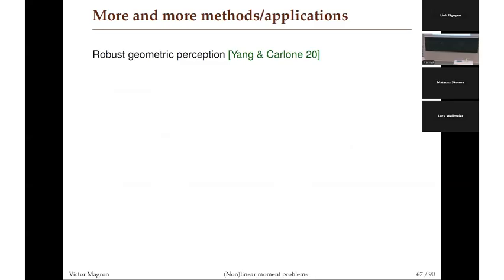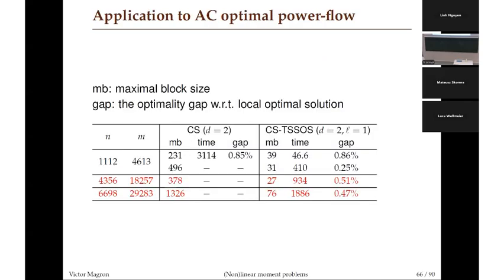There are more and more applications of these sparsity techniques, and also new methods. So in the examples you were showing, the local solver depends a lot on the starting point. Exactly. So here what we do is that we take the moment matrix that we obtain, the pseudo moment matrix.